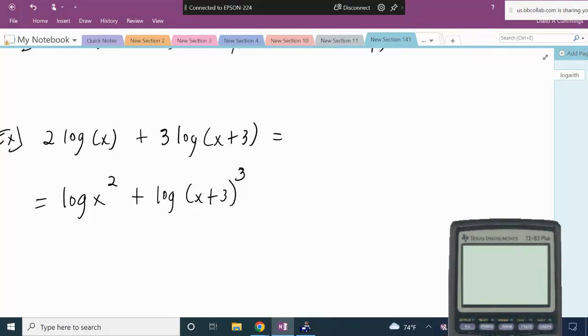So I've used the power rule in reverse. So now I'm going to rewrite that sum as a product. So I can write this out as a log of x squared times x plus 3 cubed. Right. So I use the power rule first in reverse, and then we use the product rule.